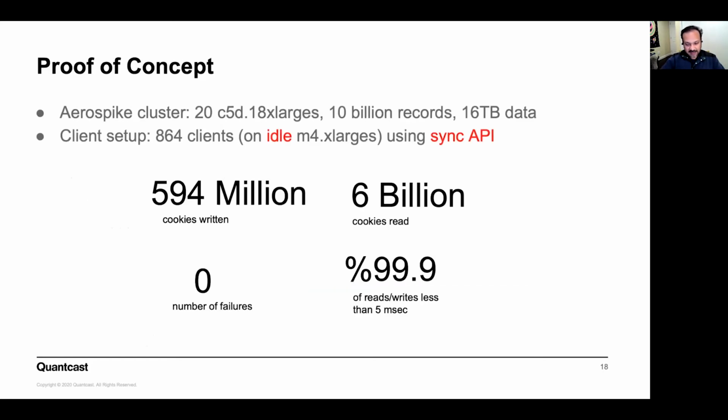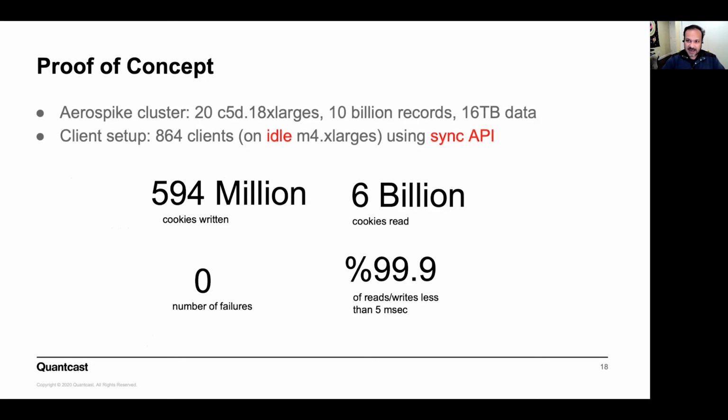Once we had decided on Aerospike, we did a quick proof of concept. We set up an Aerospike cluster, we loaded it up with the data that we had, and then we tried to do a fast read of that data, and it worked quite well.